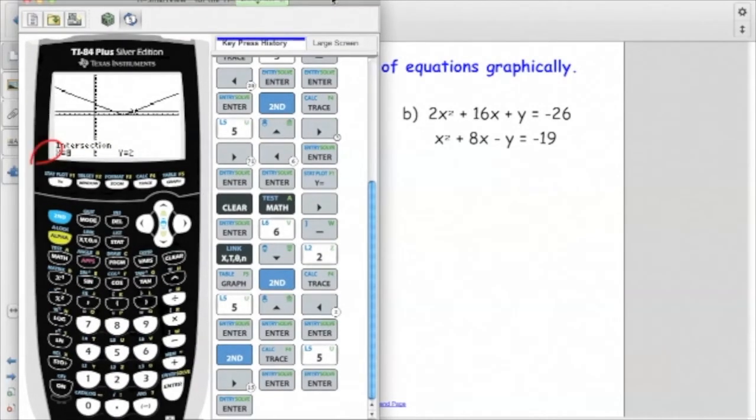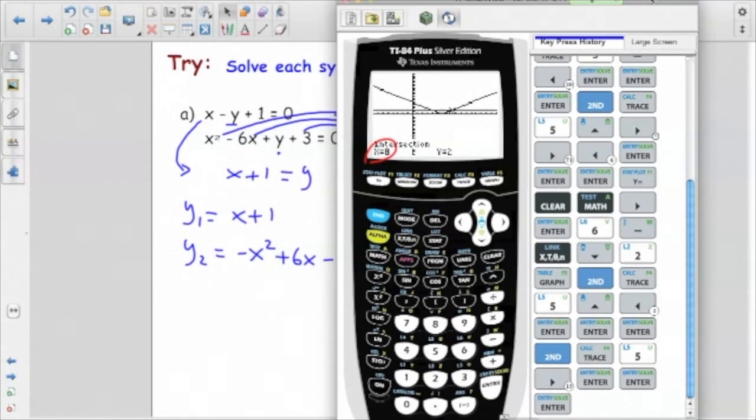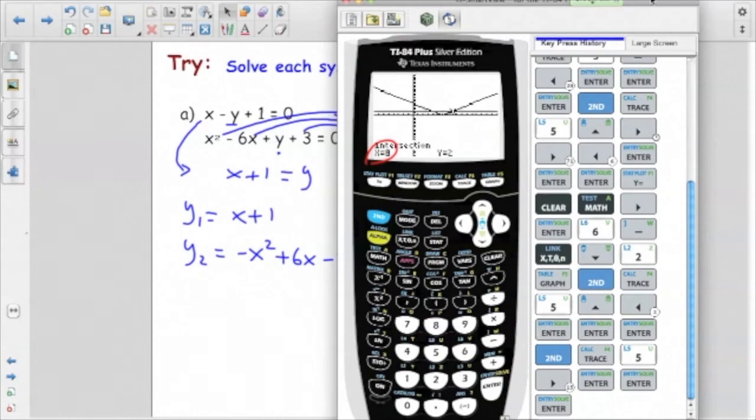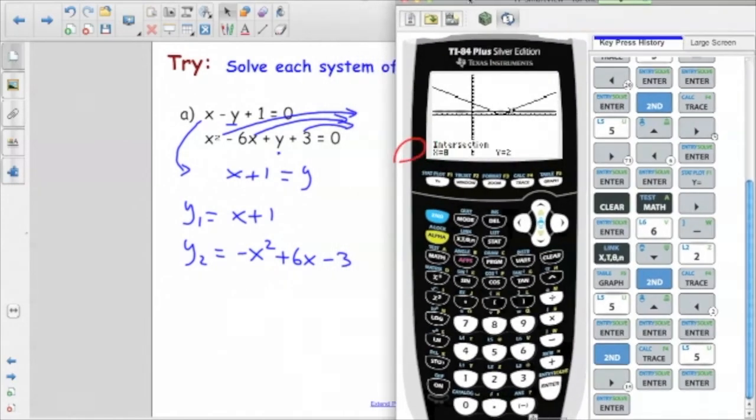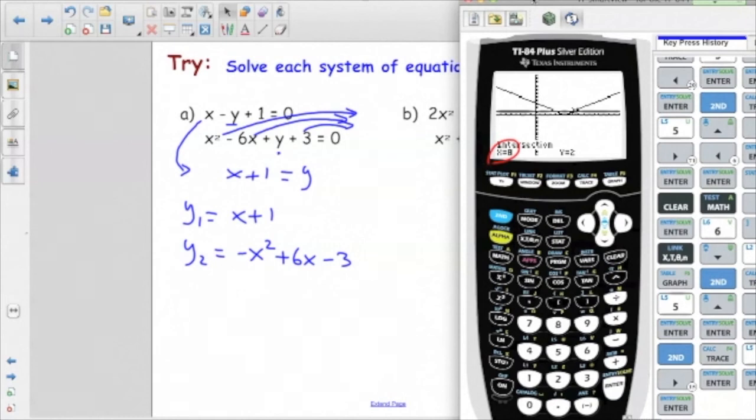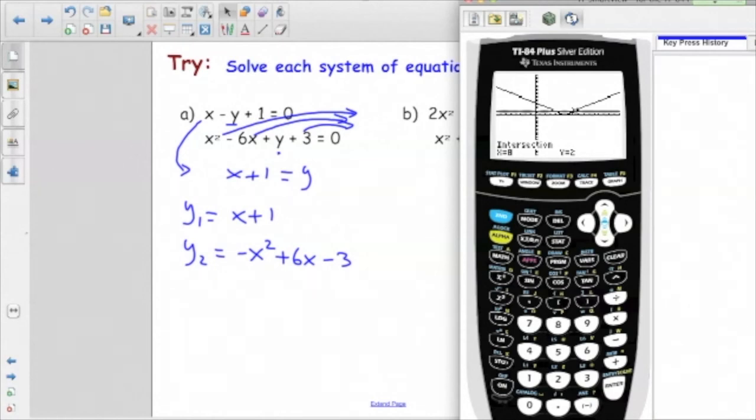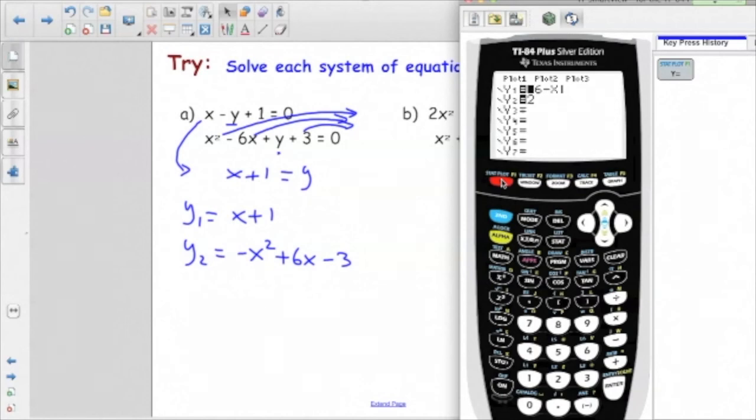Now let's get our calculator out. Let's just move this over to this side so we can see my functions. So now let's go to y equals. Let's clear that. Okay, so y equals, and now I have y1. Let's clear that.